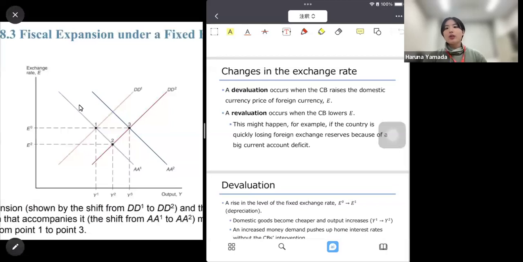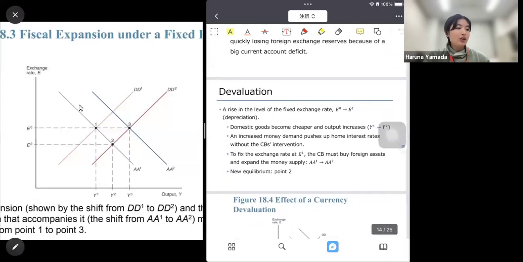A devaluation occurs when the central bank raises the domestic currency price of foreign currency, E, the exchange rate. A revaluation occurs when the central bank lowers the exchange rate. This might happen, for example, if the country is quickly losing foreign exchange reserves because of a big current account deficit.